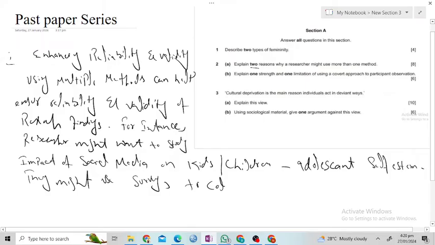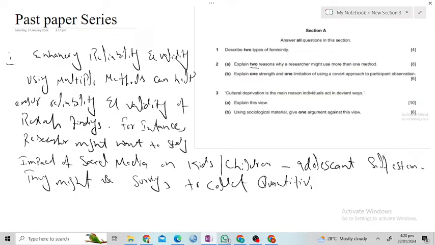Now you can see I'm using the sociology material word. Whatever word we discuss, like surveys to collect quantitative data, I am into the third heading, the third paragraph, or whatever I just give you that one by one.